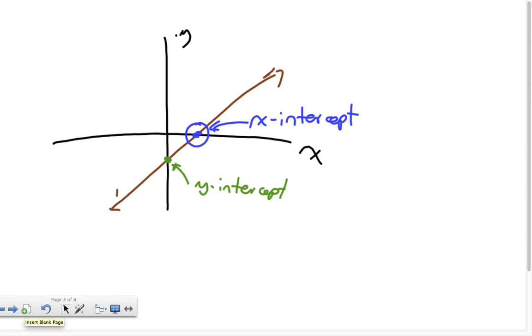Yeah, so it's not rocket science. Just y is equal to 0, right? Across here, on the x-axis, y is equal to 0. So here we know that y is equal to 0 at this point. Okay, so we define that as your x-intercept.